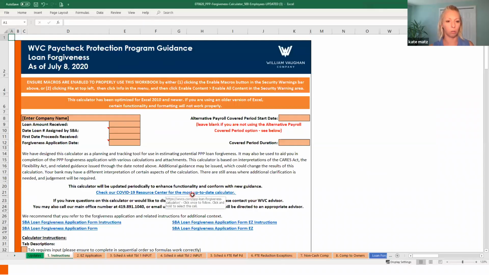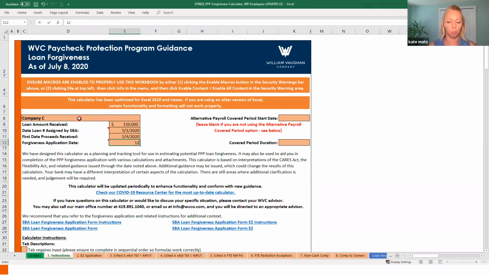So let's plug them into this calculator and see what we come up with here. We've got Company C, and loan amount received was $150,000. We'll say that the date that their loan number was assigned by the SBA was 5/1. Proceeds received on 5/4.